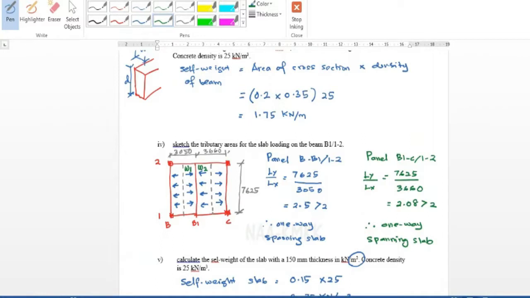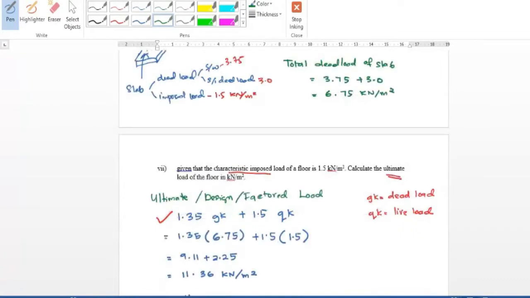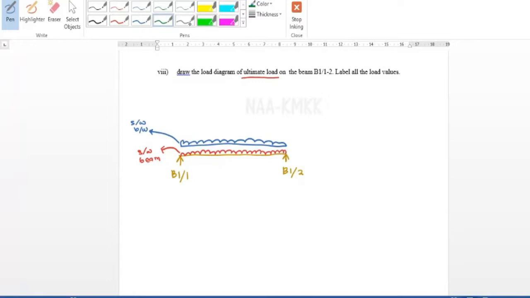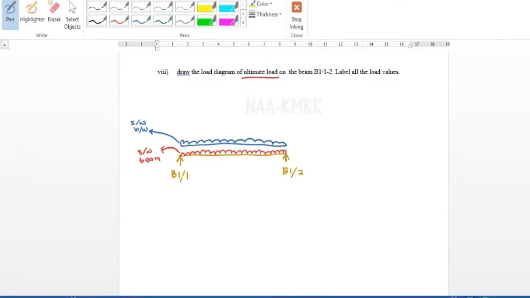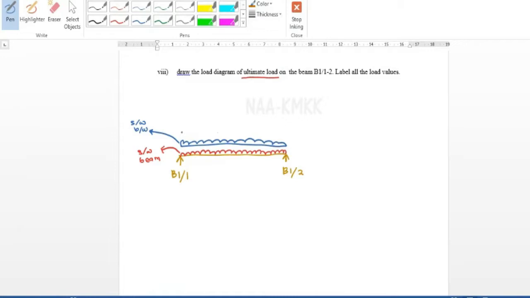How to find it? Here we know this beam B112 also supports W1, right guys? Also as UDL.